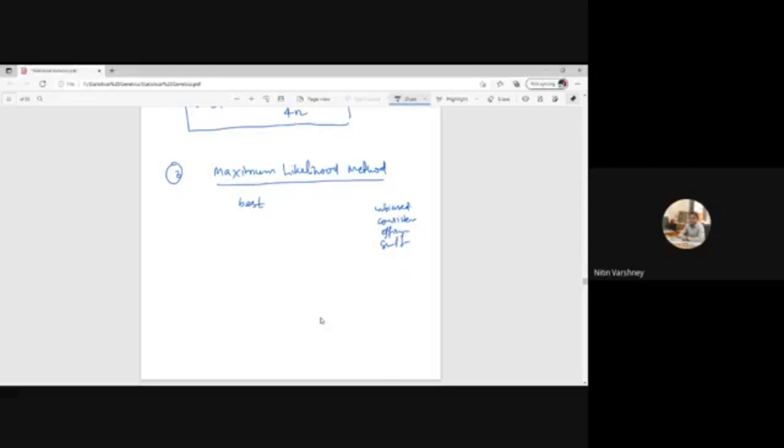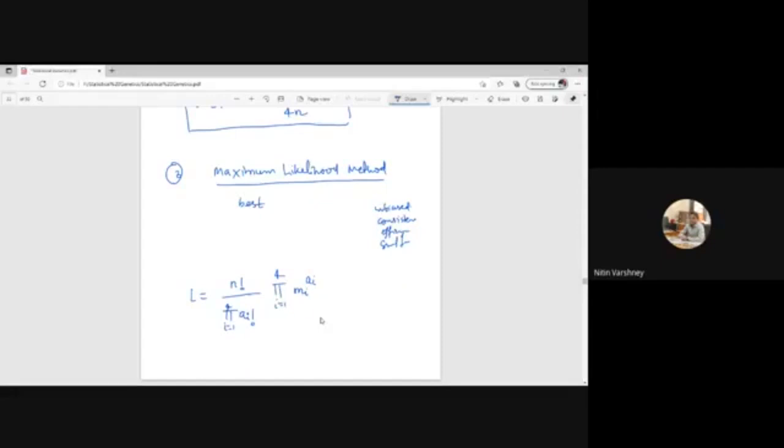So here the multinomial law will be used for the 4 phenotypic classes, and the likelihood will be like L: n factorial upon product i equal to 1 to 4 ai factorial, these are the observed frequencies, into product i equal to 1 to 4 of expected frequency mi to the power ai.